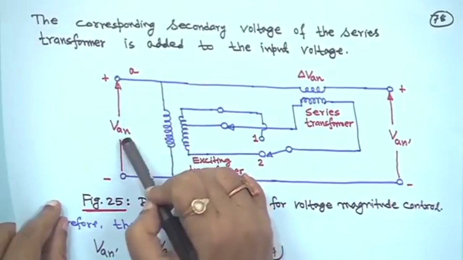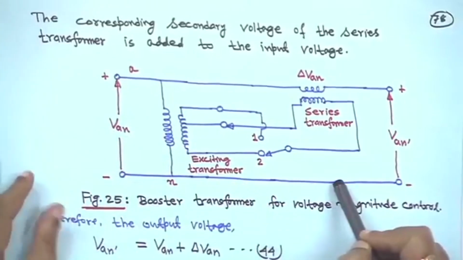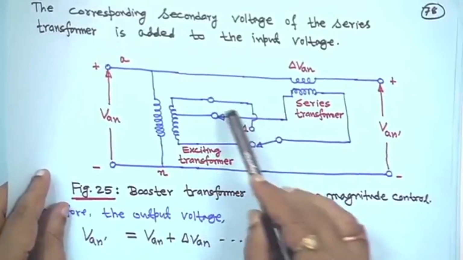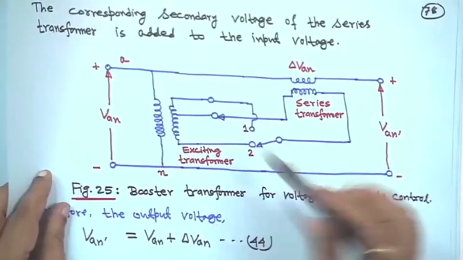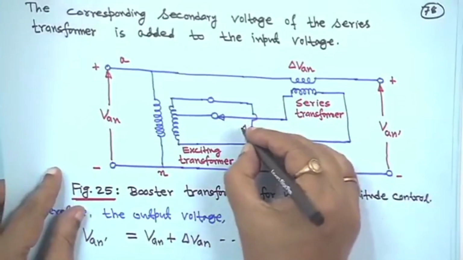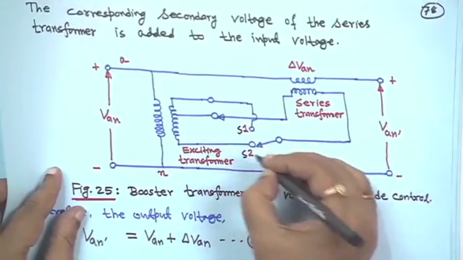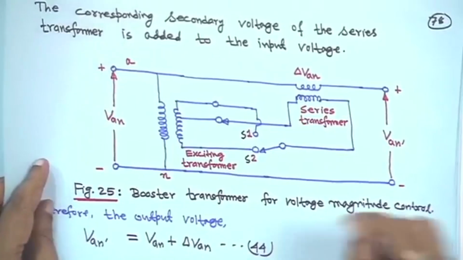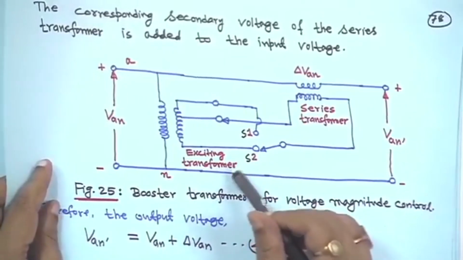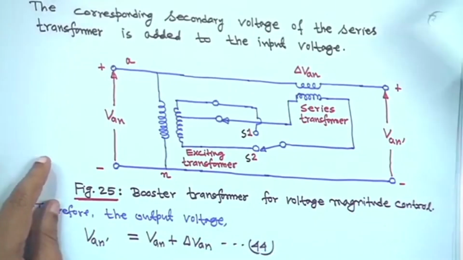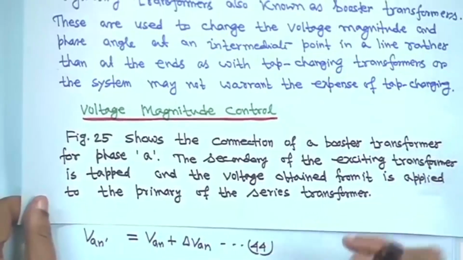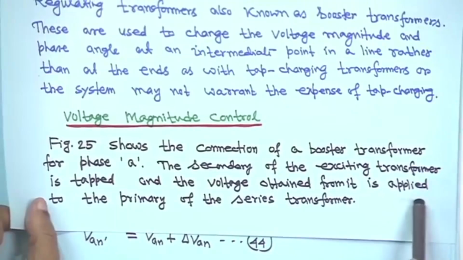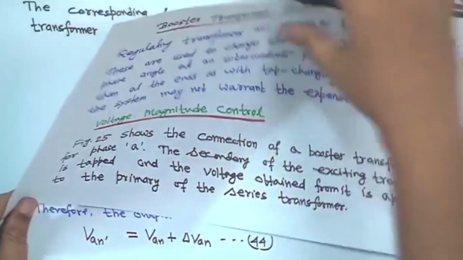So, this voltage is VAN, right, and this is the exciting transformer. Suppose two switch positions are there here, say S1 and S2, and this is the exciting transformer. Now, the secondary of the exciting transformer is tapped and the voltage obtained from it is applied to the primary of the series transformer.